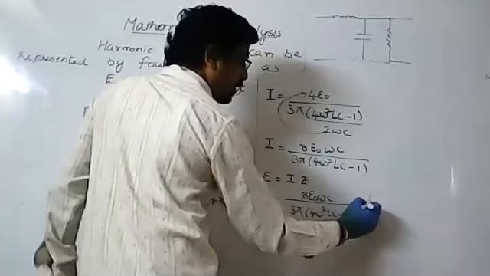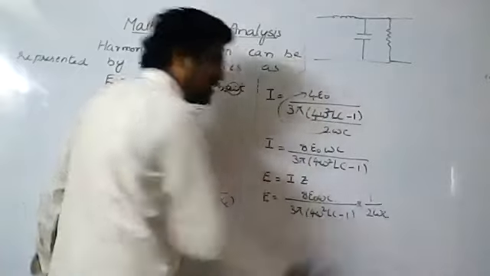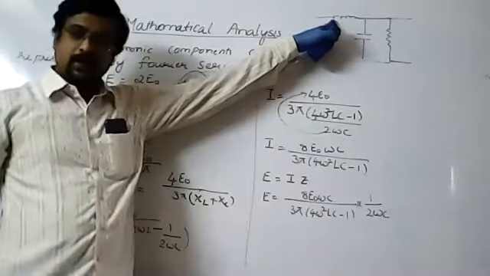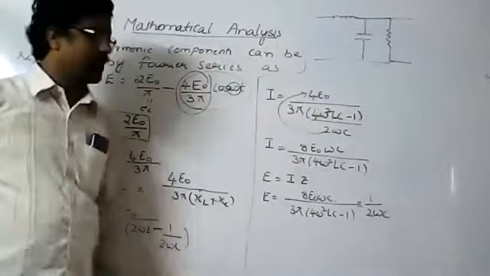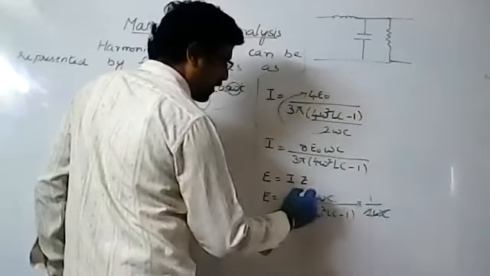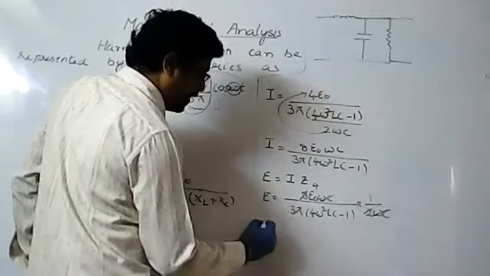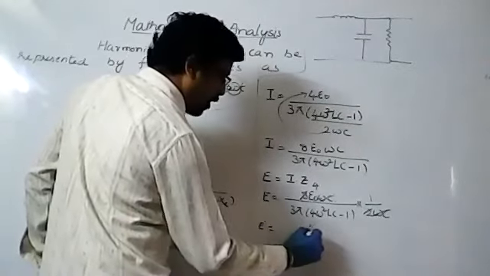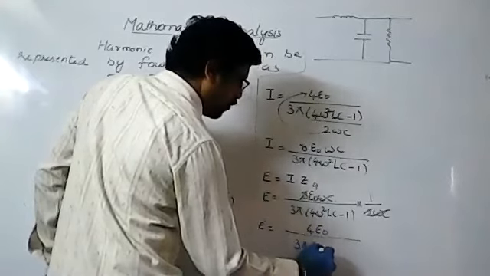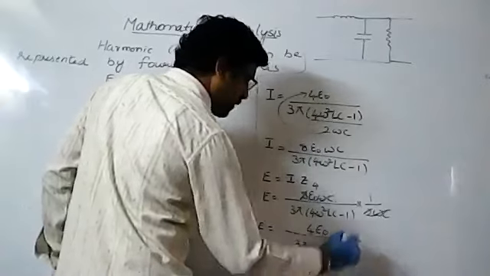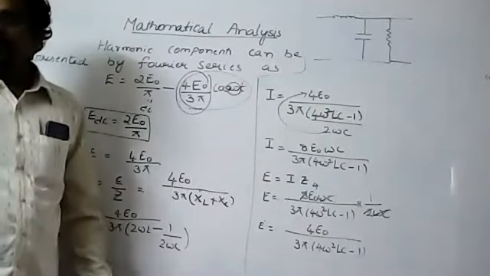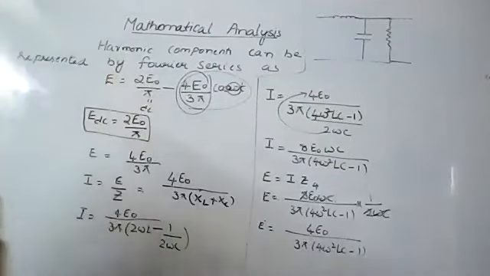So I will write it as 1 by 2 omega C. If you are measuring across this, it is omega L; if R, it is R. Now omega C cancels, the 4s cancel. So E is equal to 4 E naught by 3 pi into 4 omega square LC minus 1.